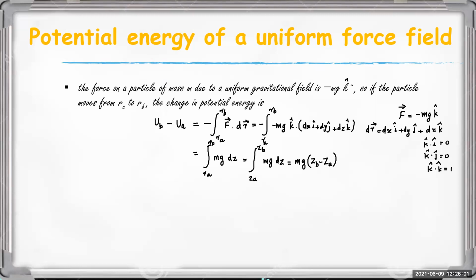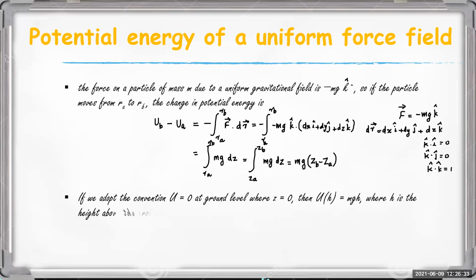So after integration, we take mg outside, mg into the integral of dz. The integral of dz is equal to z in the limits zb, za. Then we substitute the upper limit first and then the lower limit, giving zb minus za.